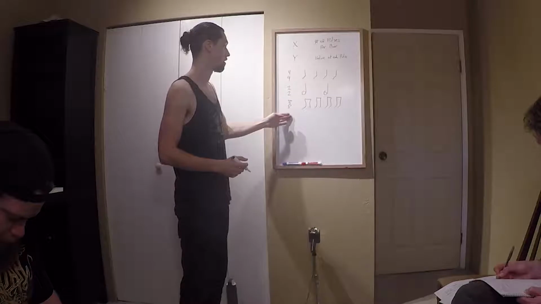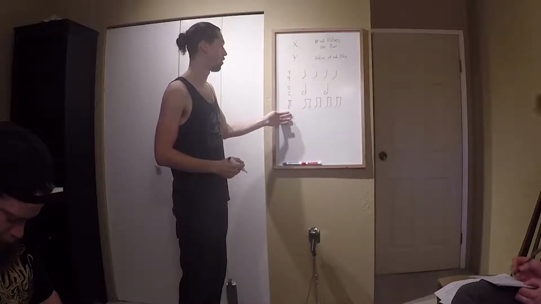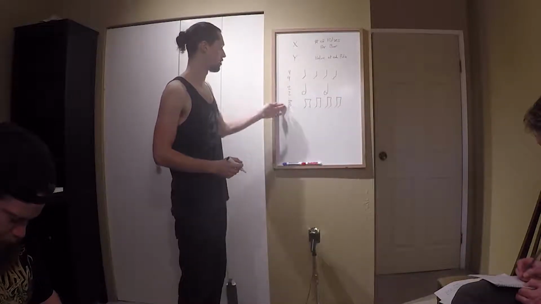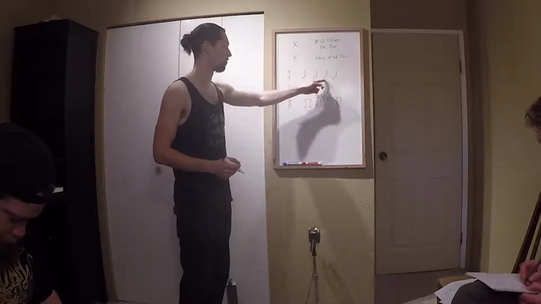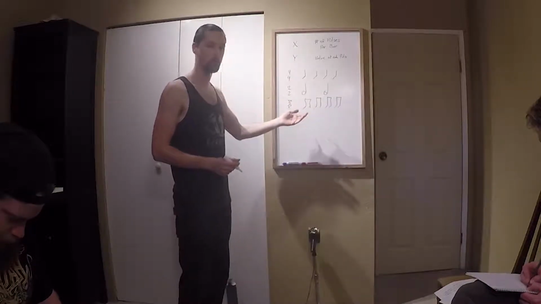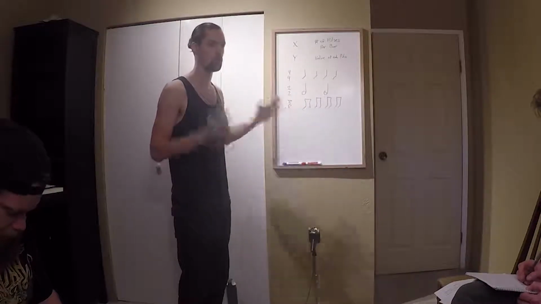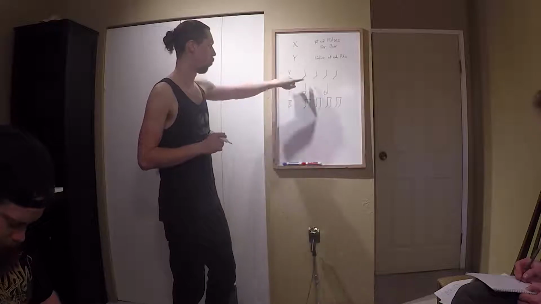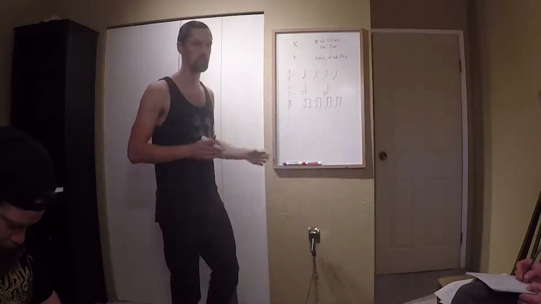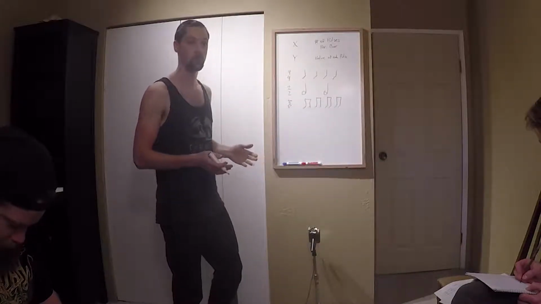Then you have 8 eighth notes. And so all of these are equivalent in terms of how many beats you have per measure, right? They all add up to a whole note in every measure.